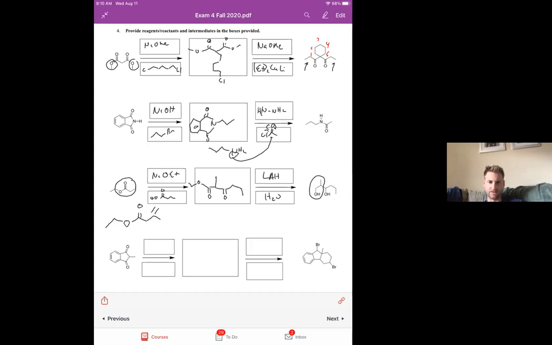Someone asked what is the second reagent. They only turn into methyls if you use methyl cuprate. So whatever is in this box is what you'll add. What is the second reagent?